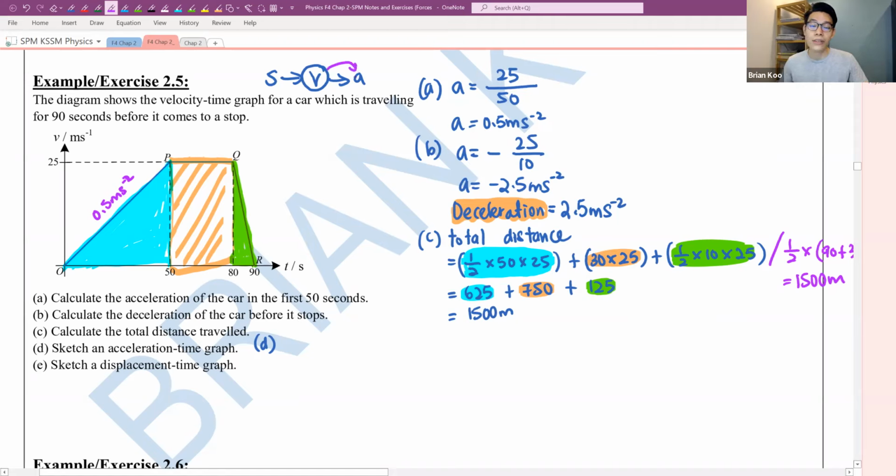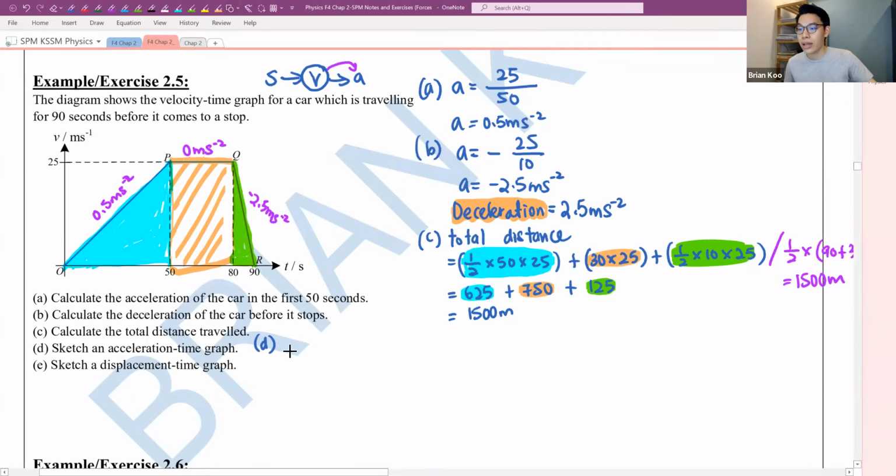So I'm looking out for all the gradients only. For this part is 0 meter per second squared, because the velocity is just a fixed value, constant velocity, 0 acceleration. The last part, the acceleration is negative 2.5 meter per second squared, because it's slowing down.